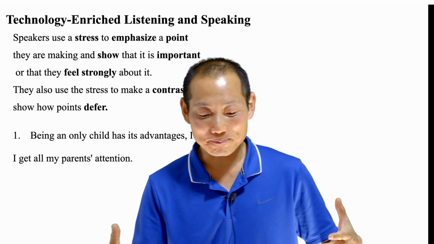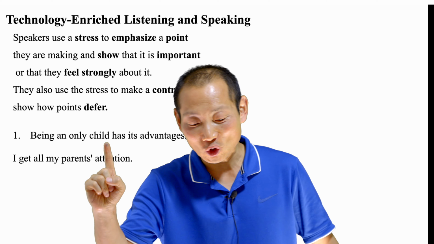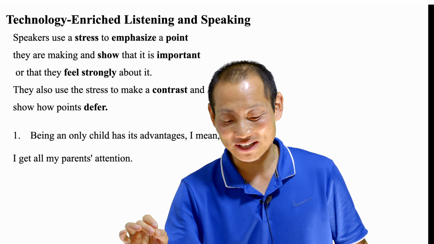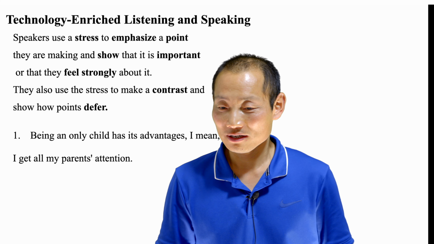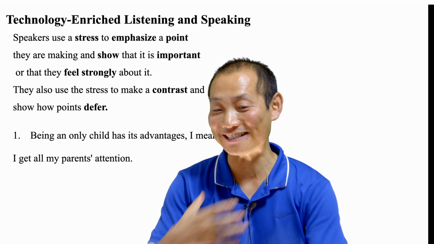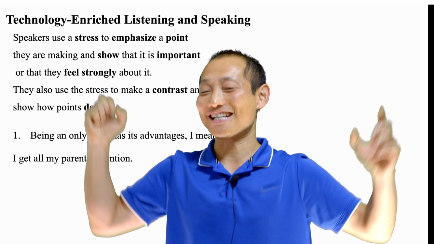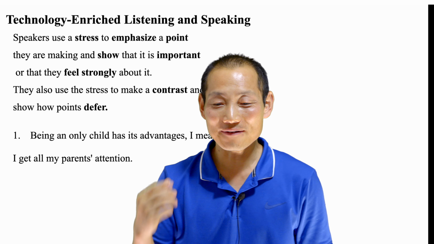Okay, let me read again. Being an only child. Only. Oh yeah, maybe only can be, right? Advantages. I get all my parents' attention. So an only child gets how much attention? All attention. So all should be emphasized, right?